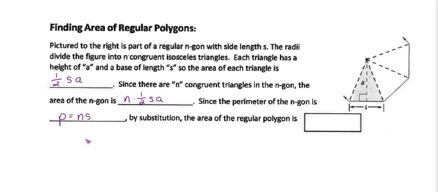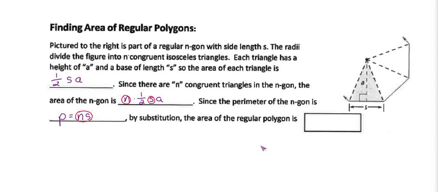If we take the n and the s, and here's an n and here's an s, okay? If the perimeter is equal to n times s, that means I can take out the n times s and substitute in a p.